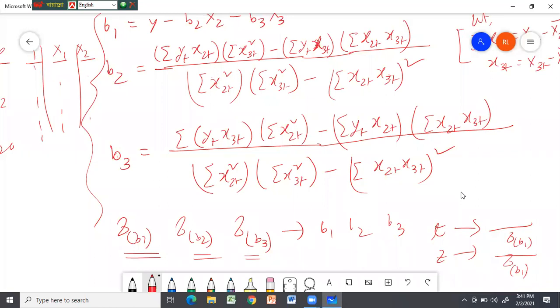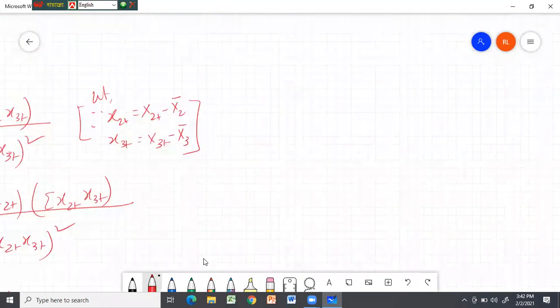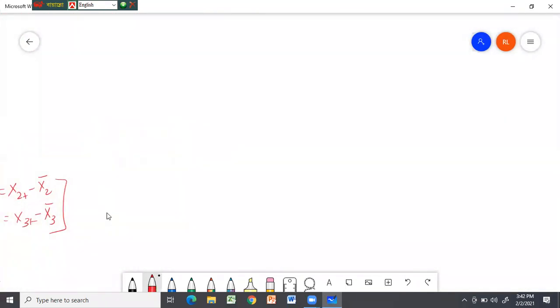That is from page number 239, page 239, problem number 8.8.